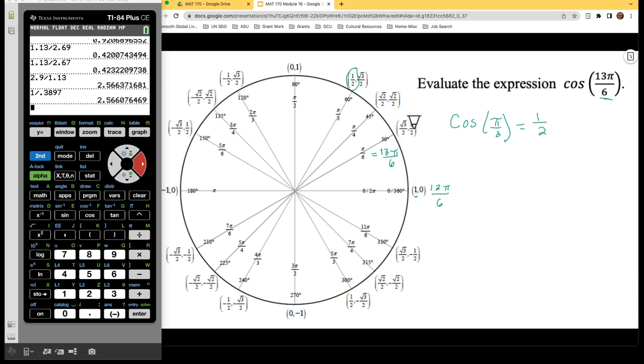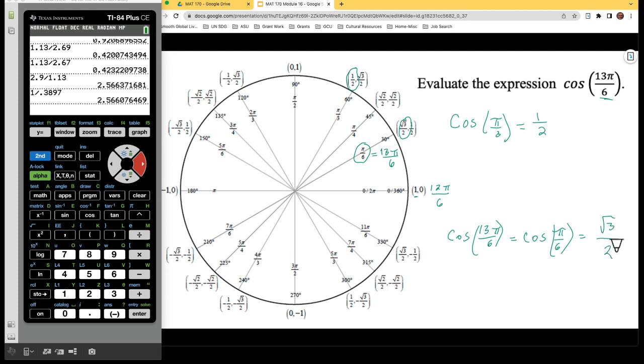However, the cosine of 13 pi over 6 is going to be the same as the cosine of pi over 6. So cosine of 13 pi over 6 is equal to the cosine of pi over 6. All we have to do is come here, take the x-coordinate, and that's going to be square root of 3 over 2.